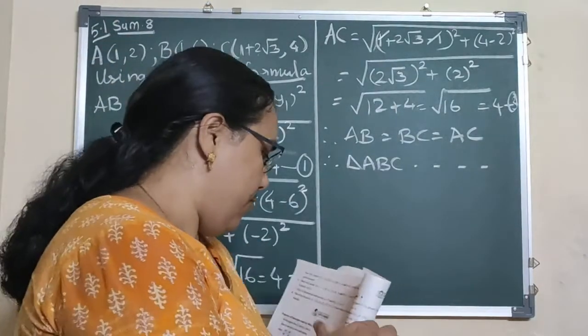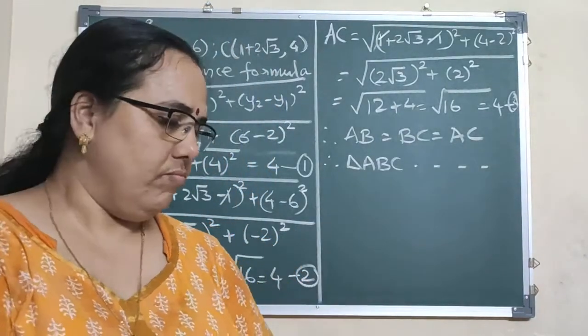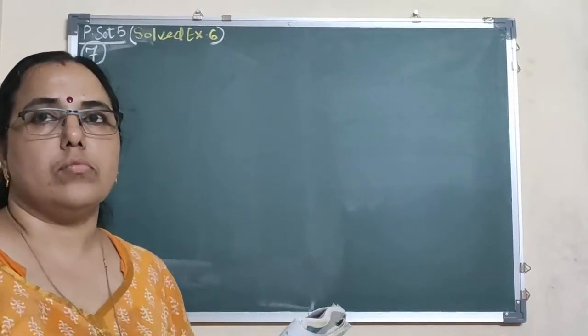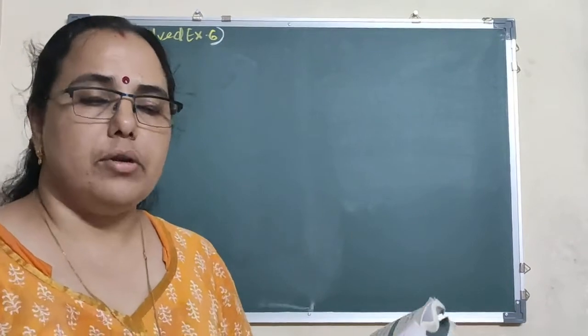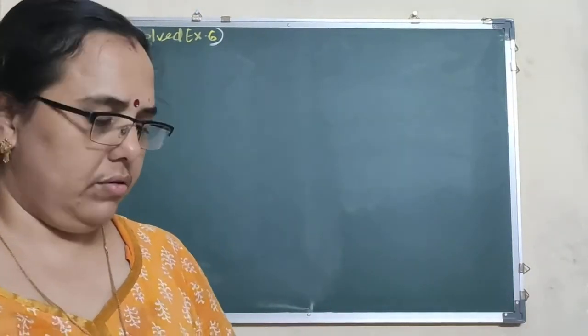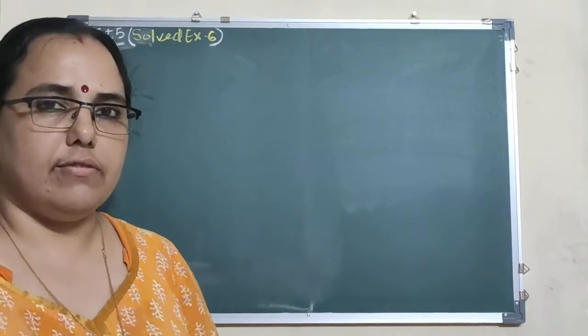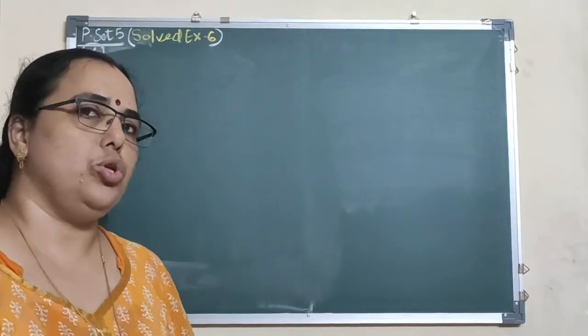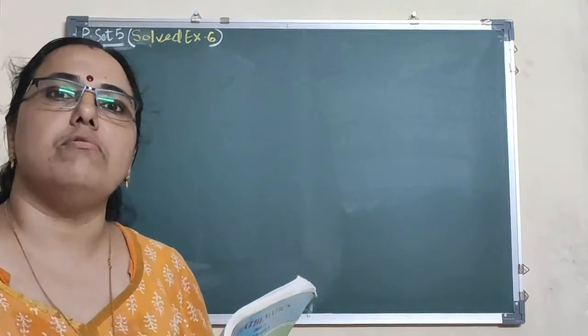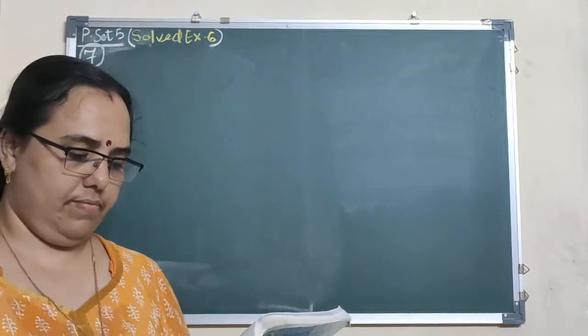So now, problem set sum number 7 and the solved example question number 6 have a similar approach, and we have to find the same thing, that is, find the circumcenter of the triangle.